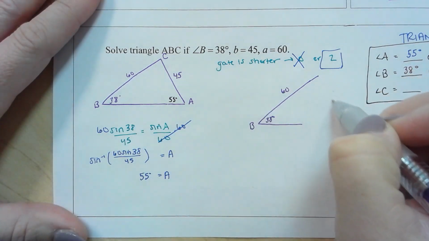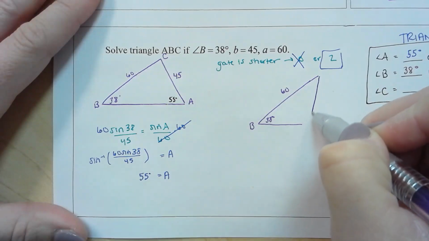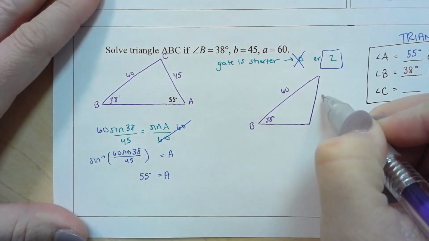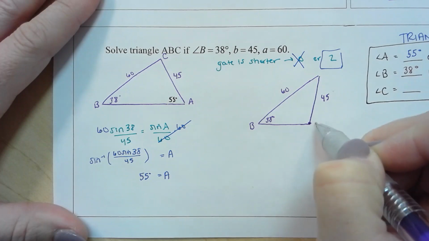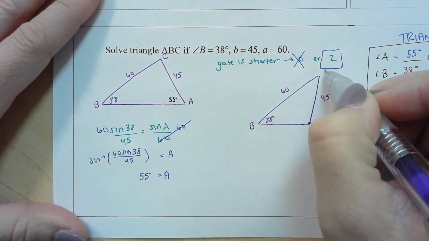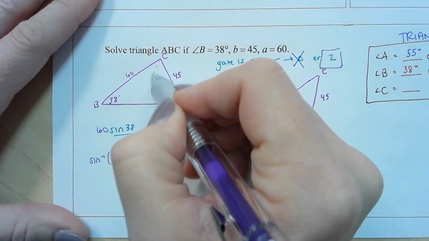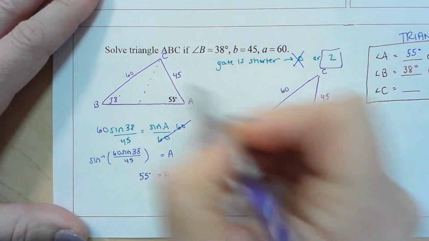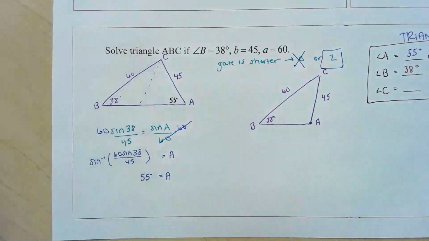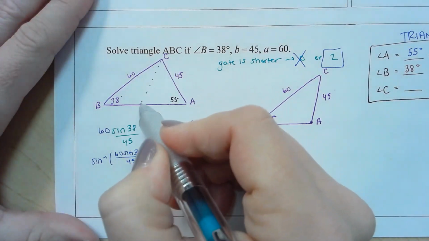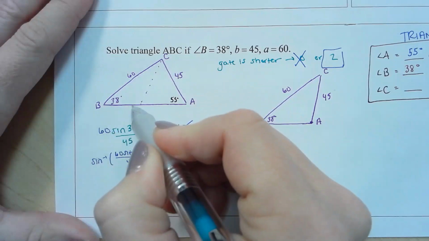And instead of swinging out to the right, it could swing in to the left. It still has a length of 45. Instead of swinging out this way, it swung in this way. So maybe I didn't draw it well enough, but that's okay. We're looking at this triangle right here.